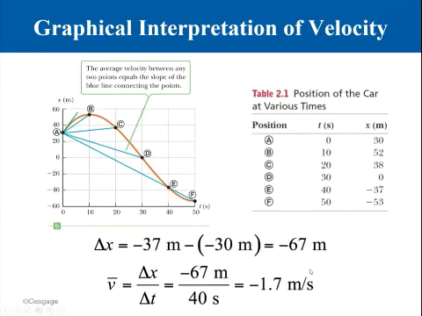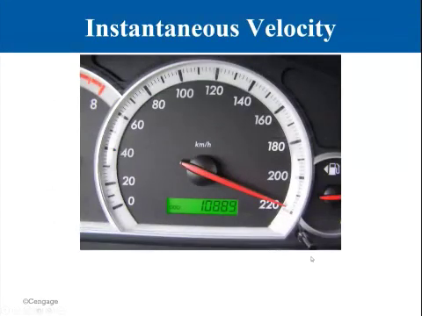Okay? So we move on to another concept, which is the instantaneous velocity. The difference between average velocity and instantaneous velocity is that average velocity is taken over the whole motion, the whole displacement, whole change in position, and whole change in time. While instantaneous velocity, we mean the velocity at one instant of time.